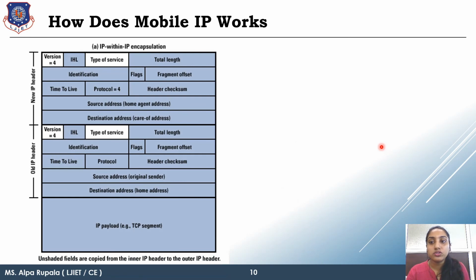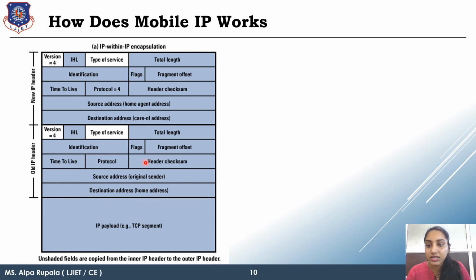So what I was talking about is how the foreign agent will identify that this is IP within IP encapsulation. So look here, this is the payload or packet structure. Your first payload is the actual data with the original IP, and this is the old IP header information, in which the source address is the original sender address and the destination address will be the home address.